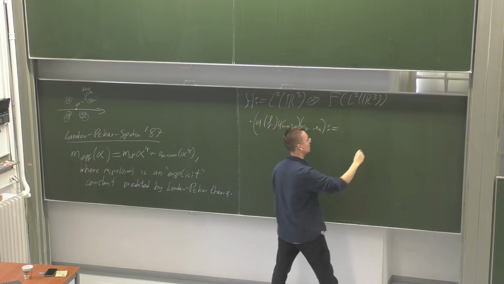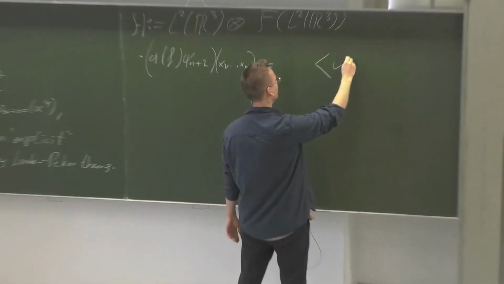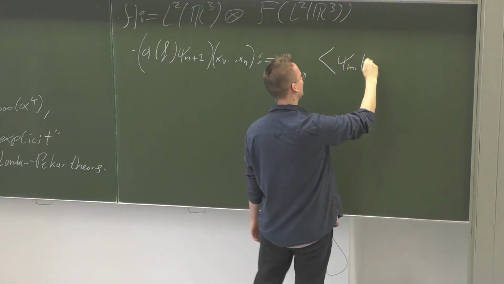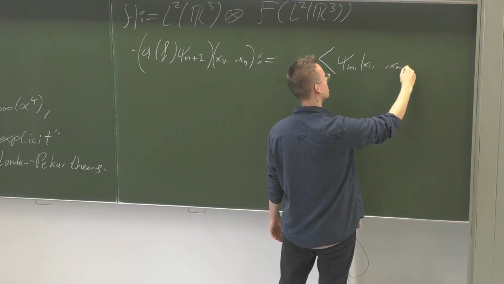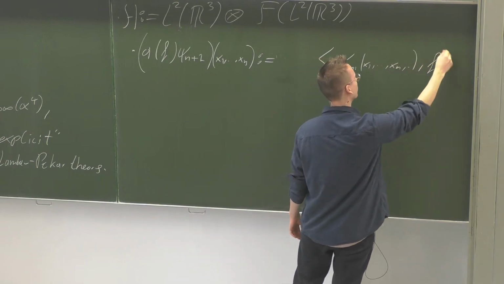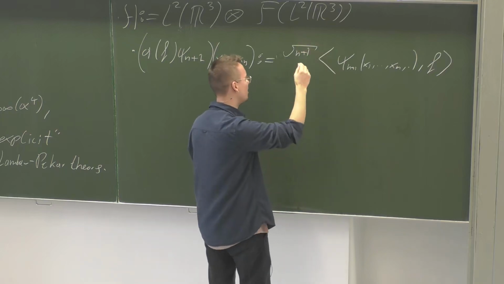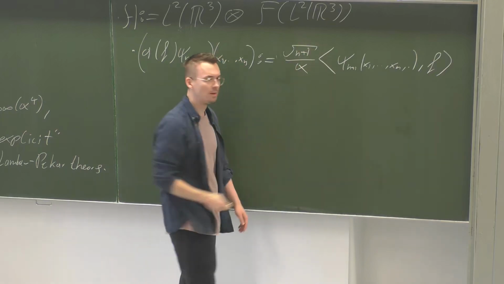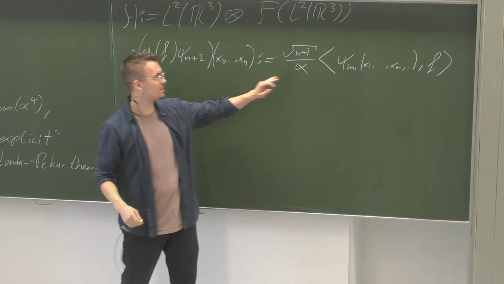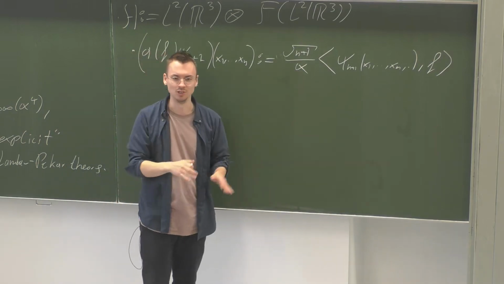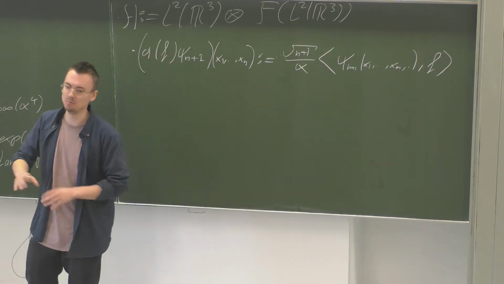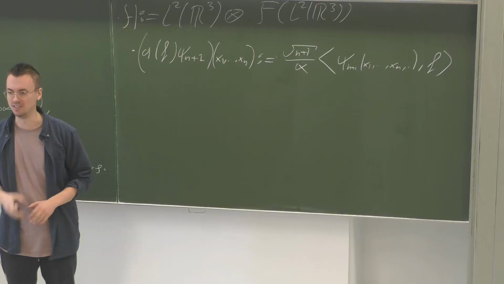Basically, what you do is fix n coordinates and take the inner product with f. And then now comes the twist. Of course, there's the square root of n+1. And now I divide by alpha. This is my definition. So I'm baking the coupling constant into the definition of the annihilation operators. It's just to massage the formulas a little bit so they look nice.